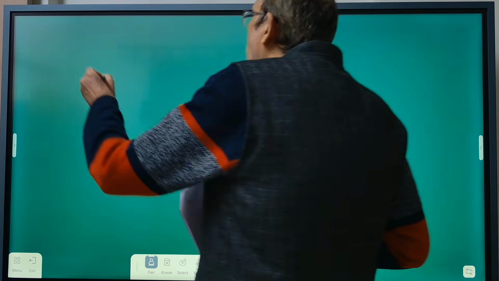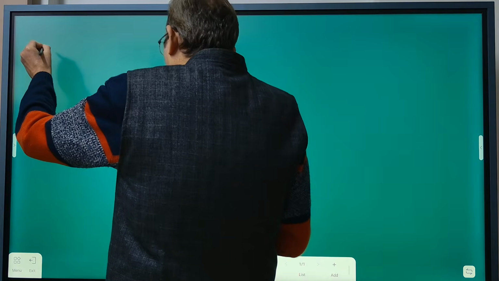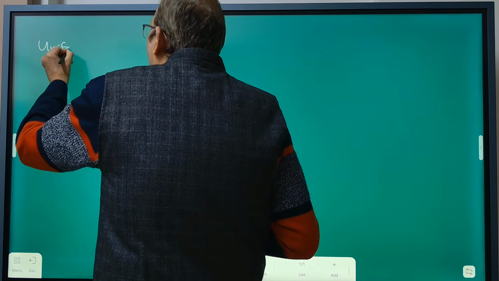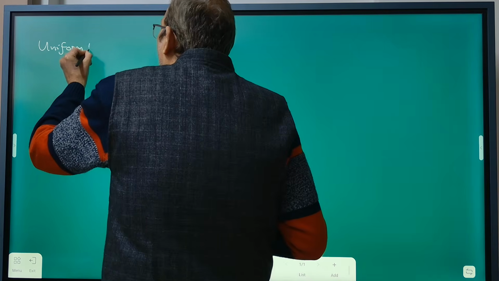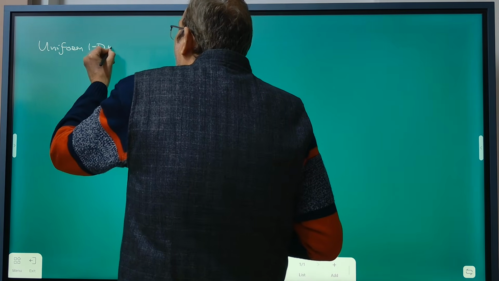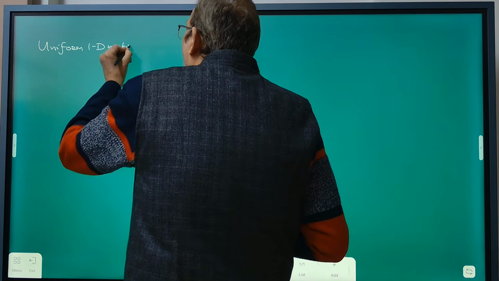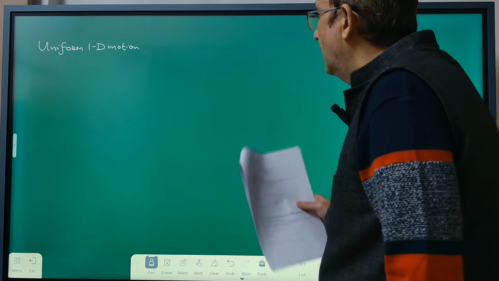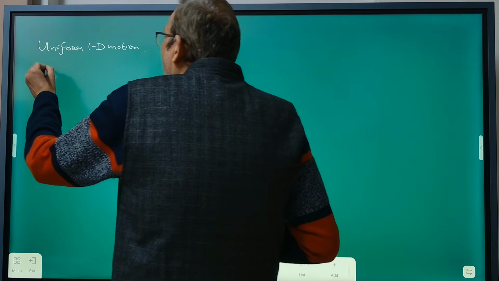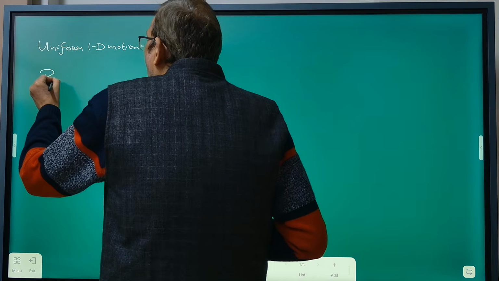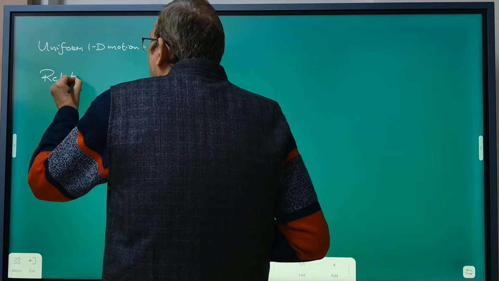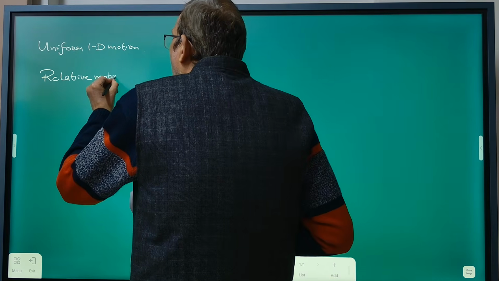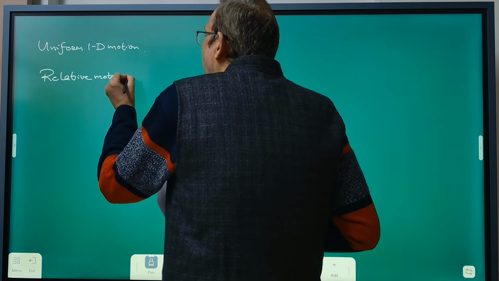Okay, now we come to uniform one-dimensional motion. So we'll do a problem of relative motion here, with a time lag.